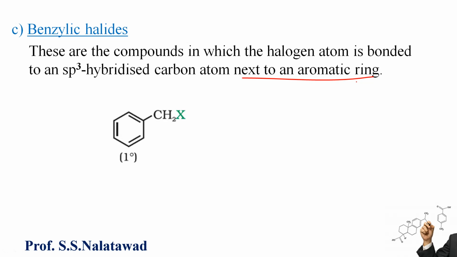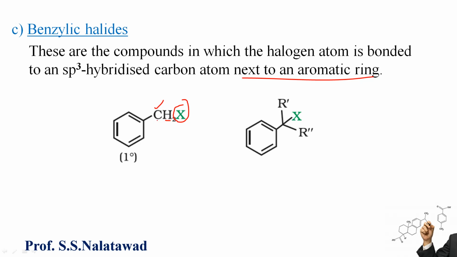Here the examples are like this. Here the halogen atom is attached to the sp3 hybridized carbon atom. This carbon is primary carbon because it is attached to two hydrogen atoms.